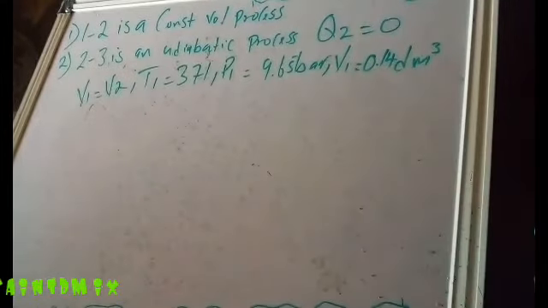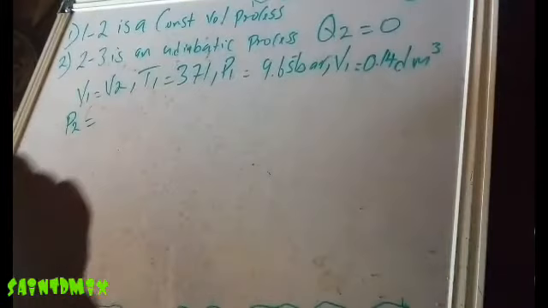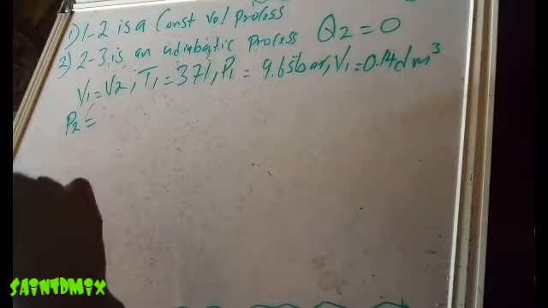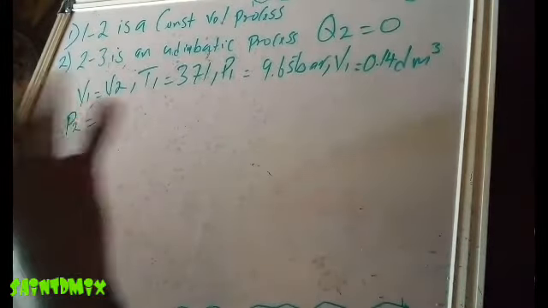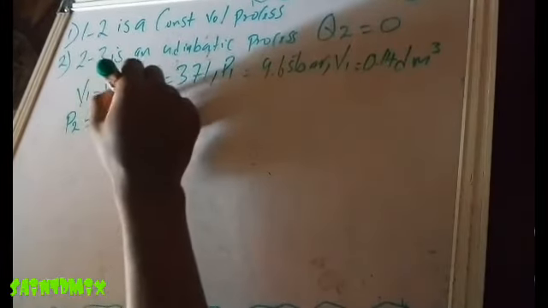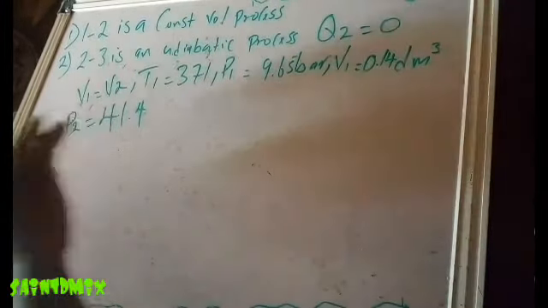I suggest you get a pen and a notepad to get down all these values, because our video is not that long. And our P2 is 41.4 bar. All these are for process 1 to 2.